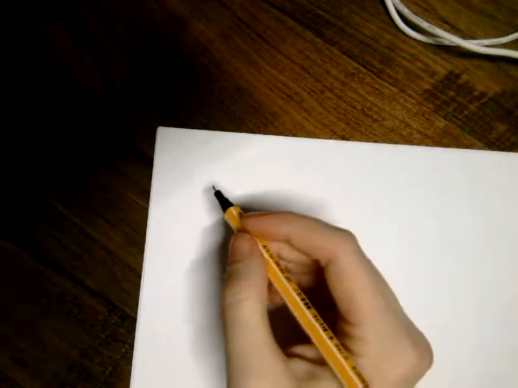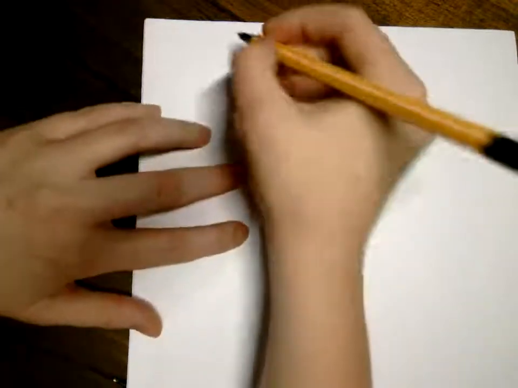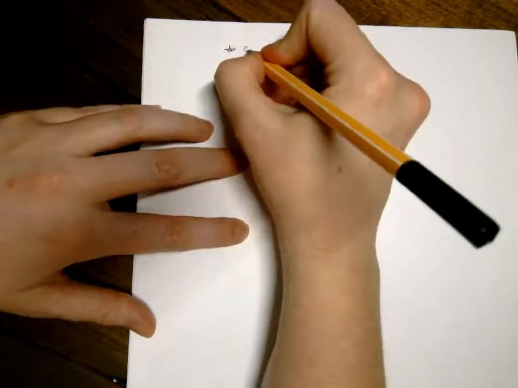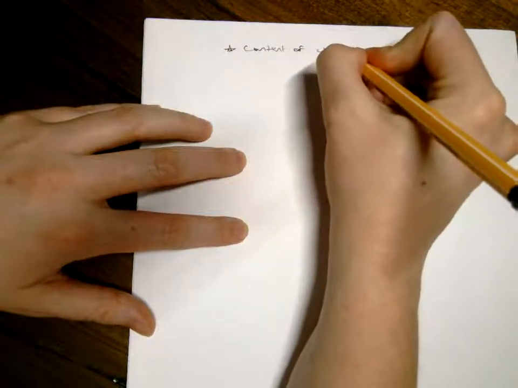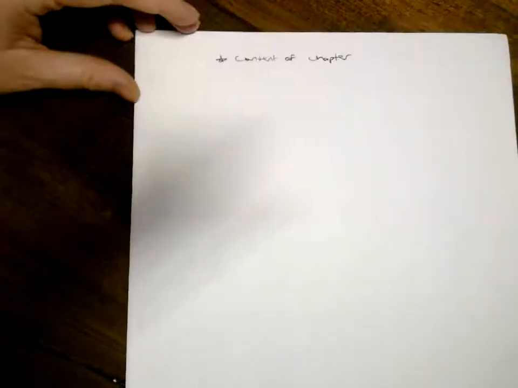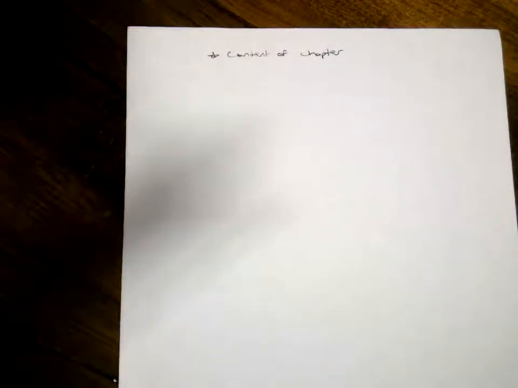I really want you to be able to see as I'm writing. I think that's good. We're going to talk about everything we've gone over in this chapter, and then, so first we're going to talk about the content of the chapter and how I organize it. And I did some of this already in my video where I went over alpha additions and aldol condensation and stuff.